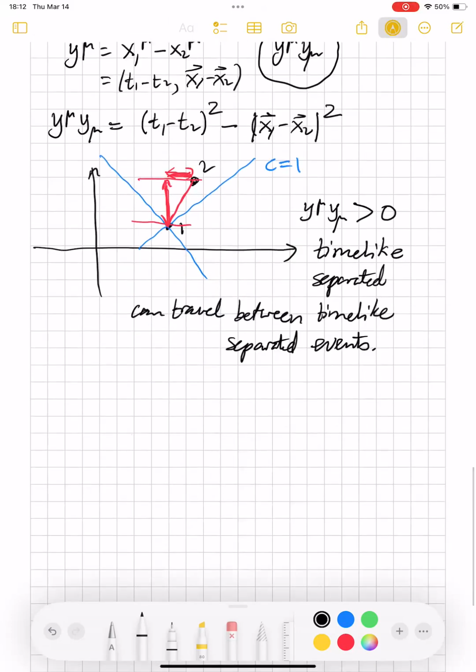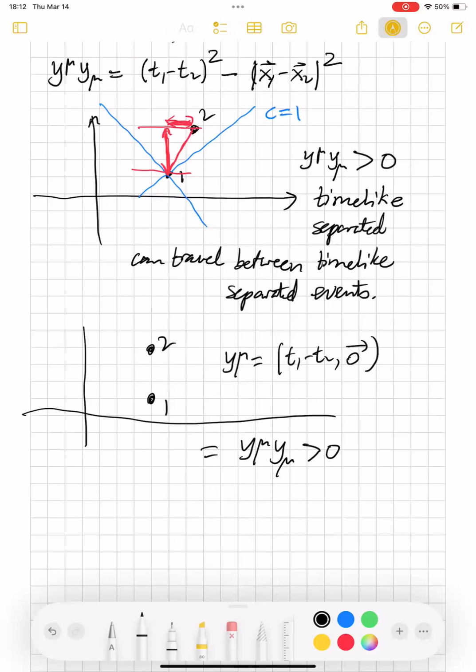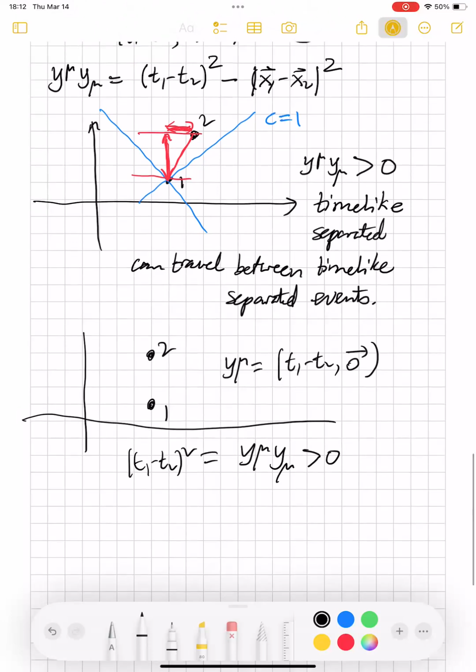If you look at the situation where we've got 1 sitting there and 2 sitting there, then y mu would be t1 minus t2 and 0, since they're at the same spatial position. For this case, y mu is obviously greater than 0. It's just equal to t1 minus t2 squared. And you can obviously go from 1 to 2. You just don't move anywhere. You just let time pass, and you will go from space-time event 1 to space-time event 2.